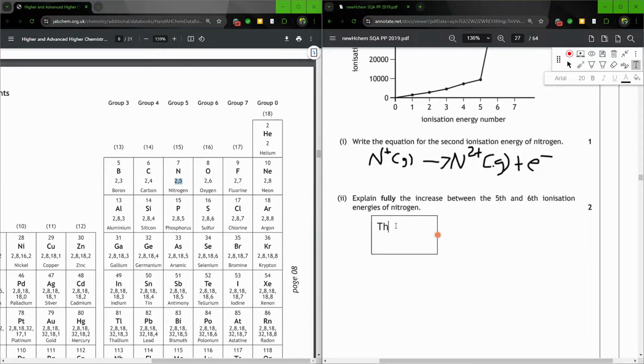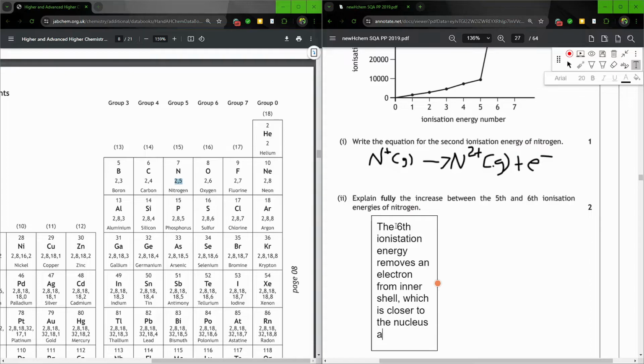So we're going to say the 6th ionization energy removes an electron from nitrogen from an inner shell which is closer to the nucleus and less shielded by inner shells.